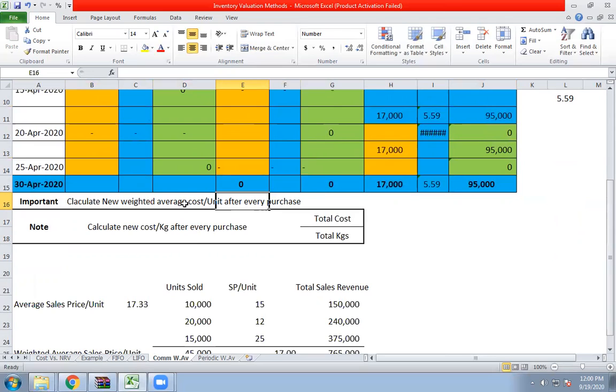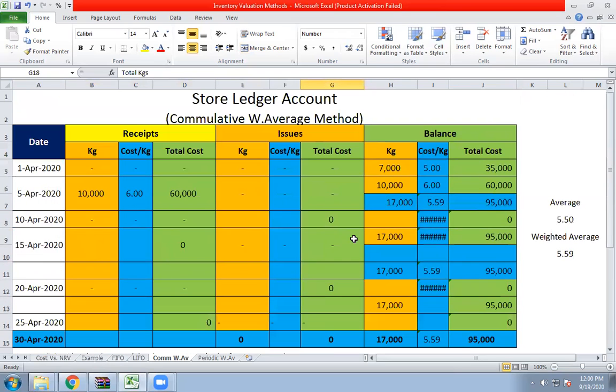And whatever that cost per kg is, we will issue material at this cost per kg, whatever we have calculated using this formula. So how will we calculate the weighted average cost? We will calculate the total cost of material in our inventory, and divide it by the total kgs of material in inventory.